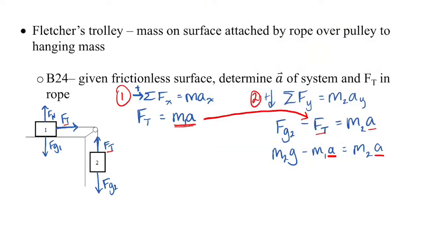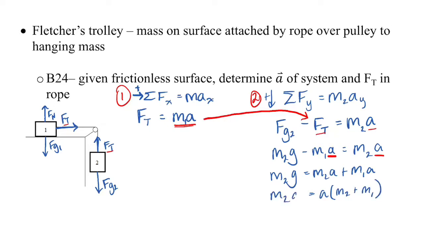We have done this before. So my first step is to get everything with acceleration on one side of the equal sign and everything without it on the other. So I'm going to add M1A to each side, and I get M2A plus M1A. And then this is where I factor out A. And in the brackets, I'm left with M2 plus M1.